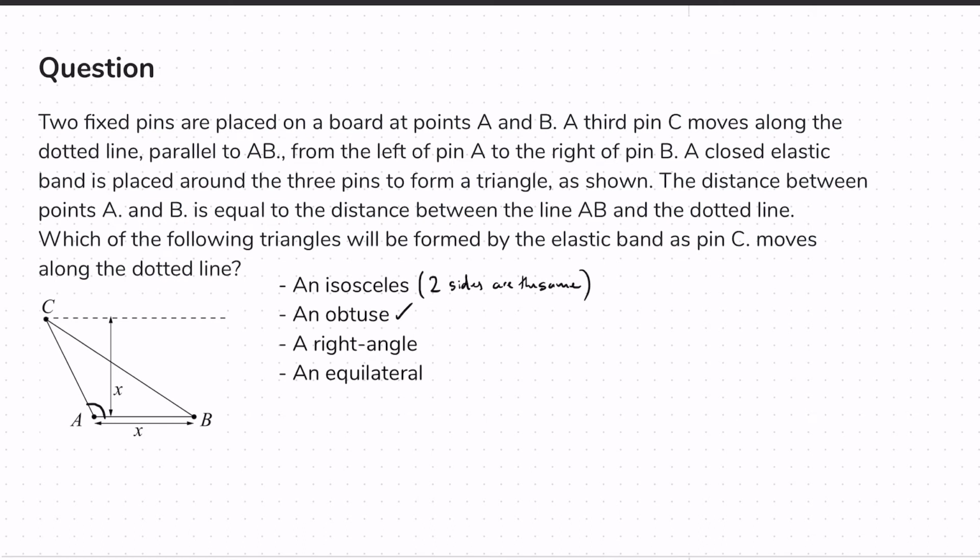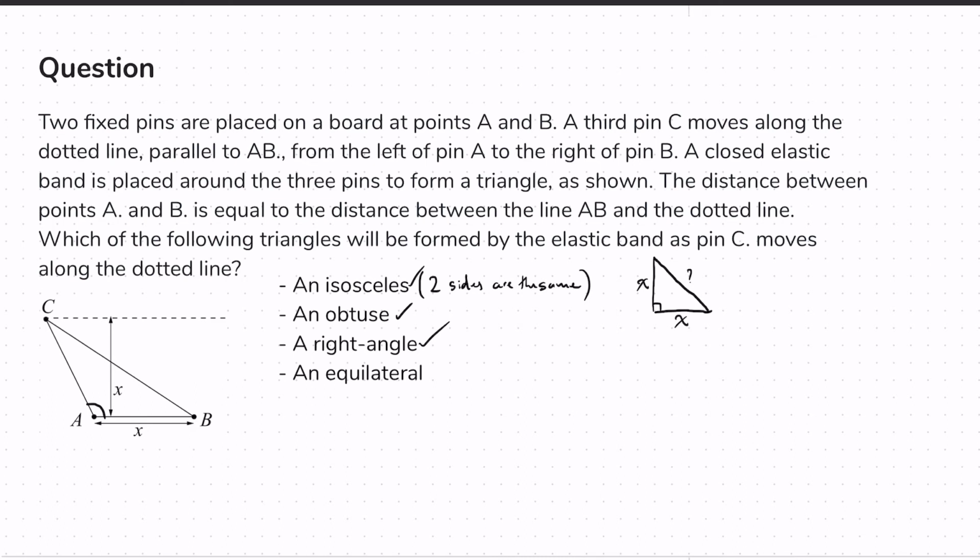And we know that as we move C along this line until we get to this point here, or this point that is at a right angle above, this distance is going to be X. So I'm going to have an isosceles triangle that looks a little bit like this. That's X, whatever this is. So that's isosceles, but it's also a right angle triangle.